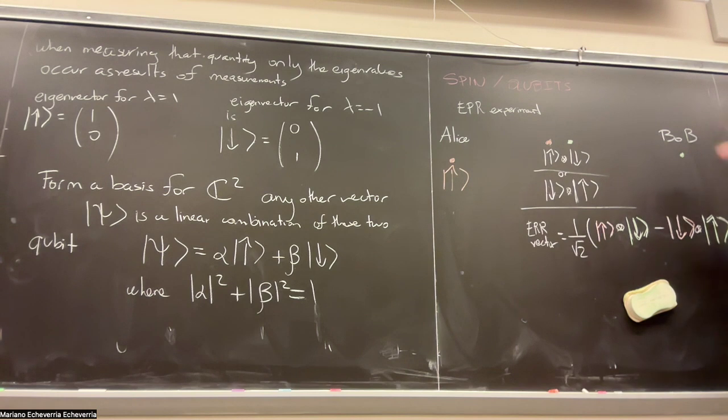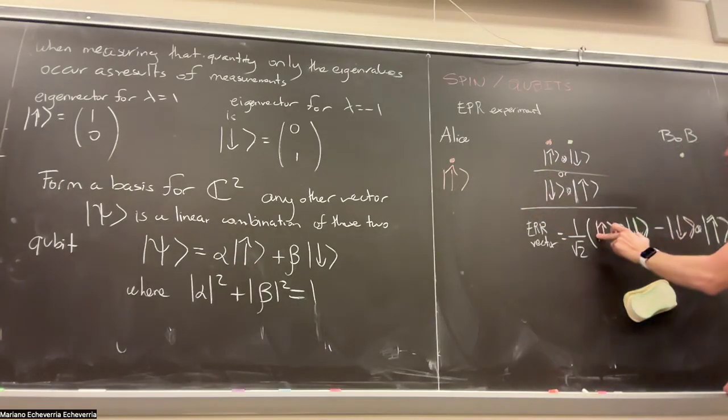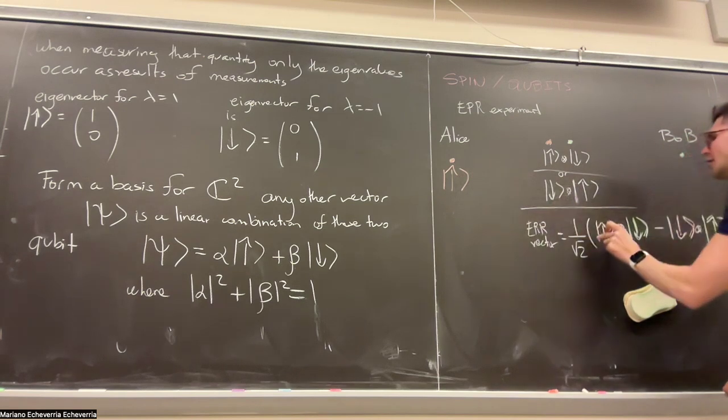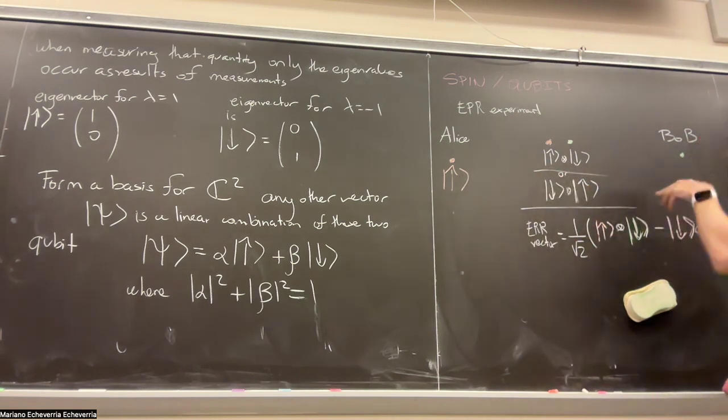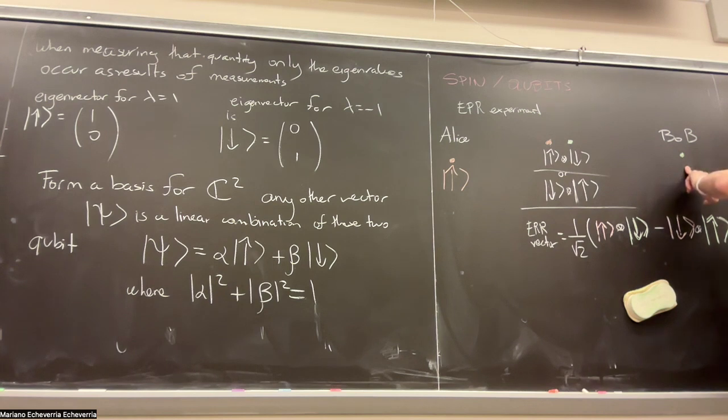Then after the measurement, the system has collapsed to this particular subvector, if you want to call it that. So once Alice does the measurement and gets spin up, you know for a fact that Bob will get spin down. That has to happen with 100% certainty.